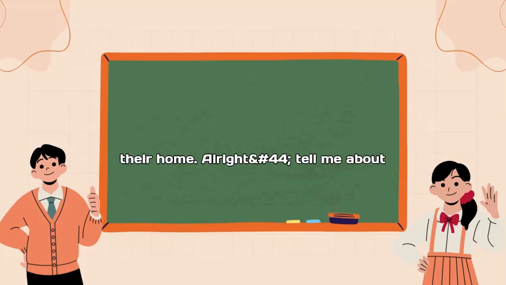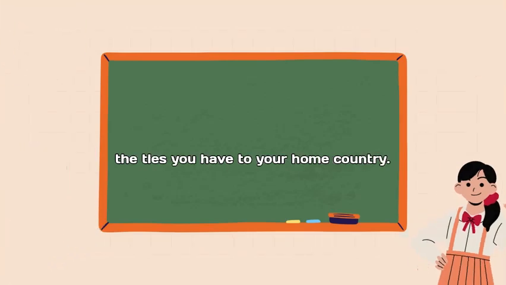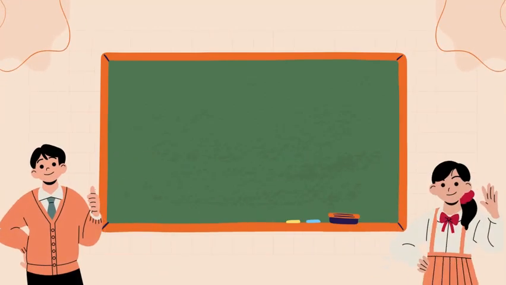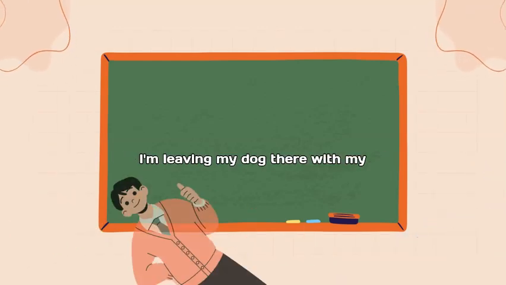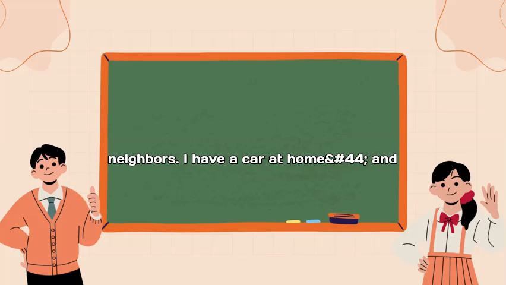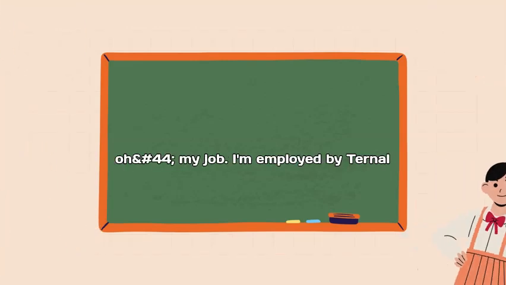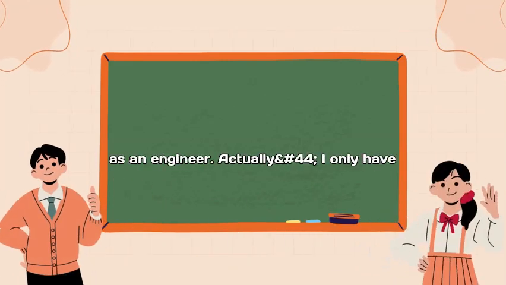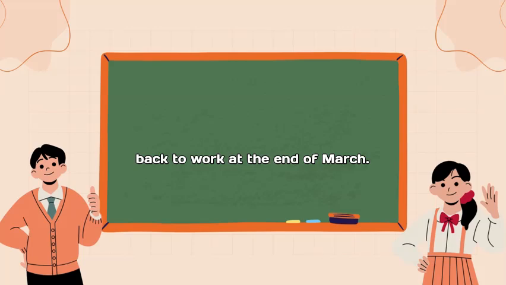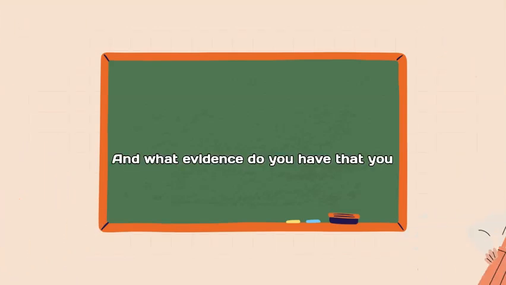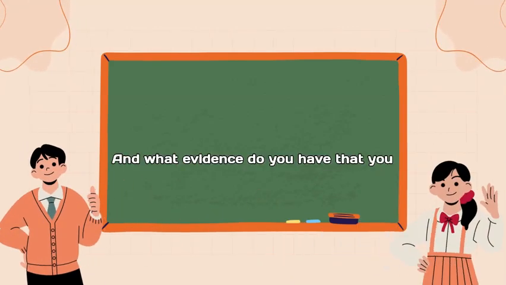All right. Tell me about the ties you have to your home country. Well, I own a house. Actually, I'm leaving my dog there with my neighbors. I have a car at home and my job. I'm employed by Tornell as an engineer. Actually, I only have 3 weeks vacation, so I have to go back to work at the end of March. And what evidence do you have that you are financially independent?